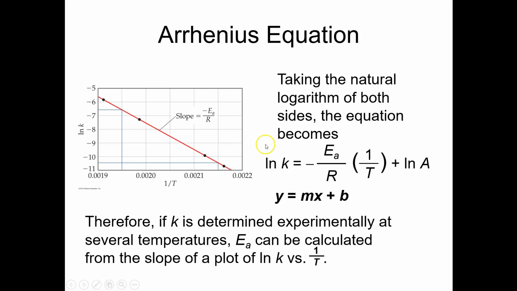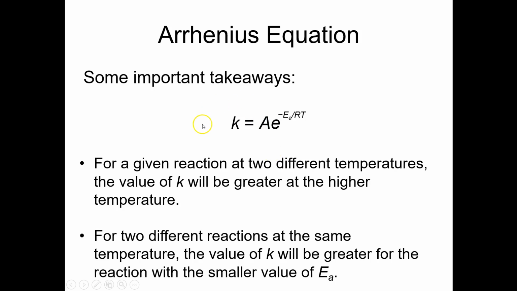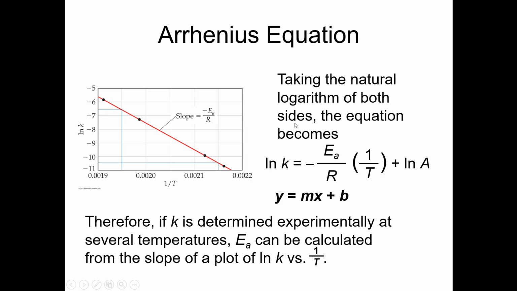Okay, we can take the log of both sides of this. So we take the log of this side, it gives us the log of K. Log of this side gives us the log of A minus EA over RT.